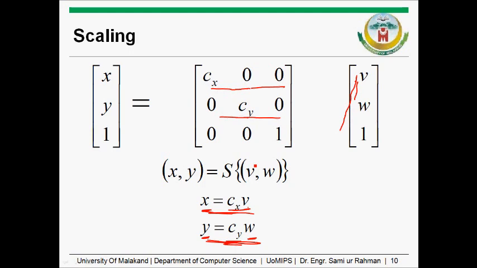When we consider a 3D coordinate system, we will represent one point by a 4 by 4 matrix. Now for scaling we have this simple matrix. This is not very difficult.